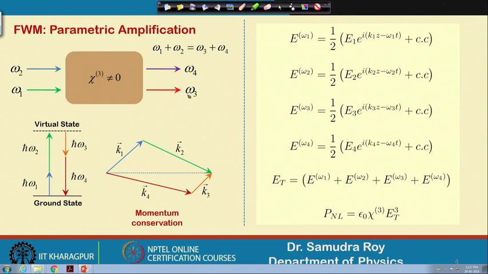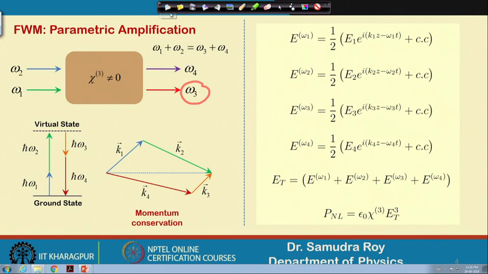The concept is, if I launch a small signal at omega 3, it will be amplified, because omega 3 will be generated inside under this four-wave mixing, parametric process. Also omega 4 can evolve. So, I can amplify certain signals having frequency omega 3 and omega 4.